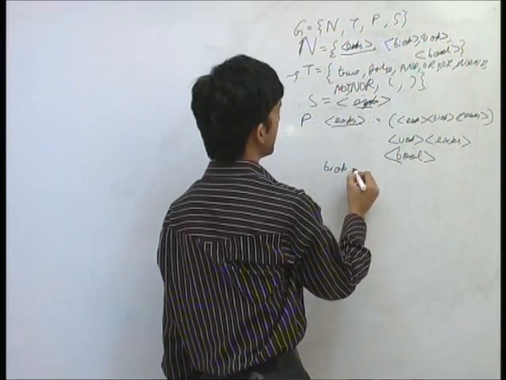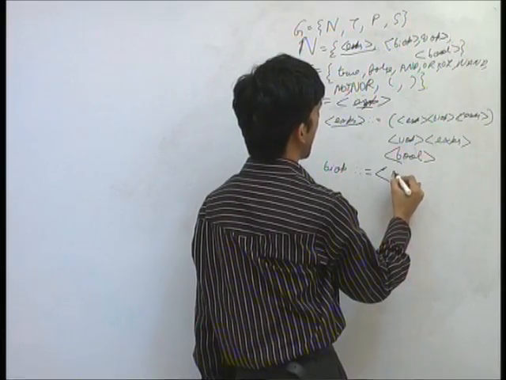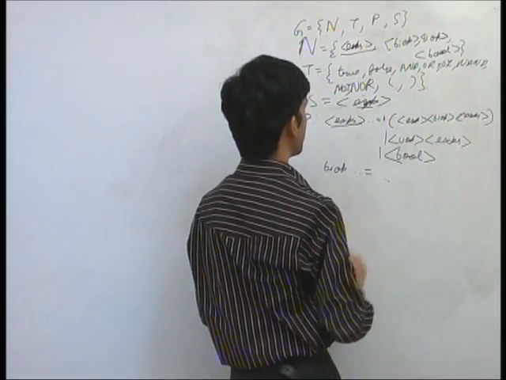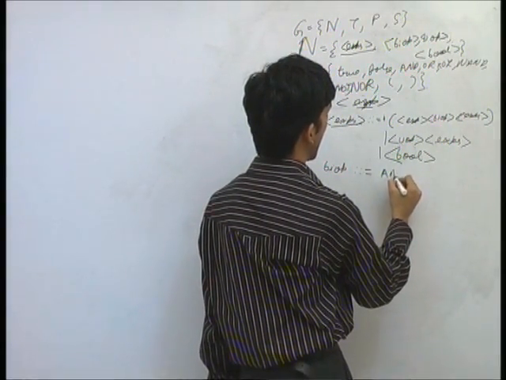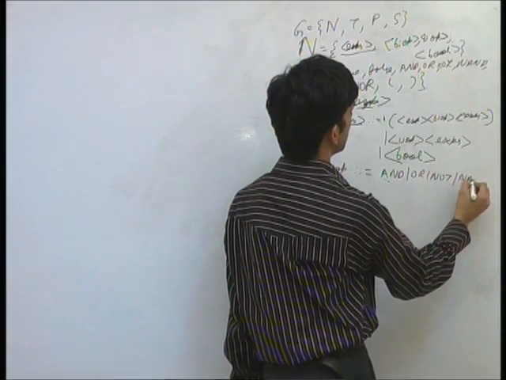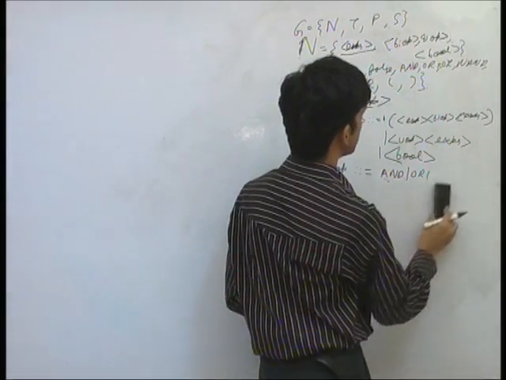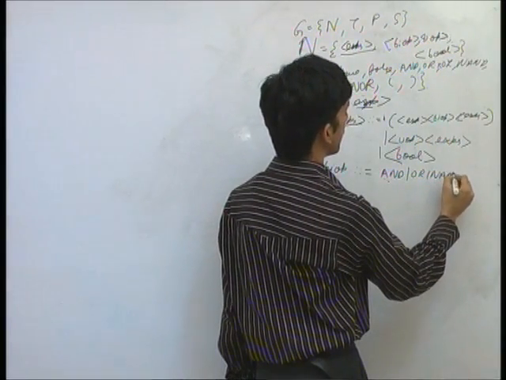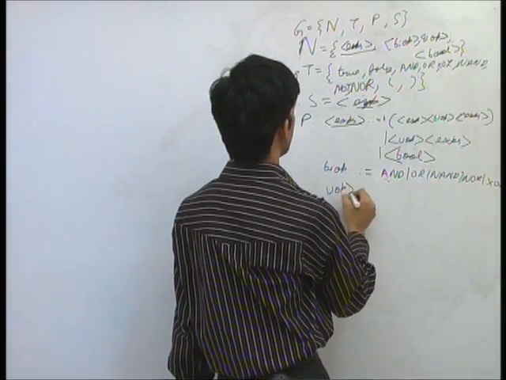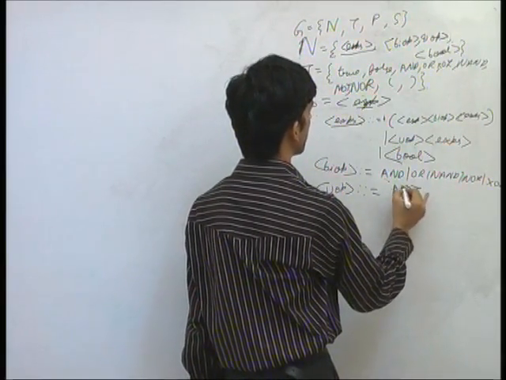My binary operator can get replaced by an and, or this or this. It can be either and, or, nand, nor, or xor; it cannot be not. My unary operator will ultimately get broken down into a NOT. That's the only unary operator that I have.